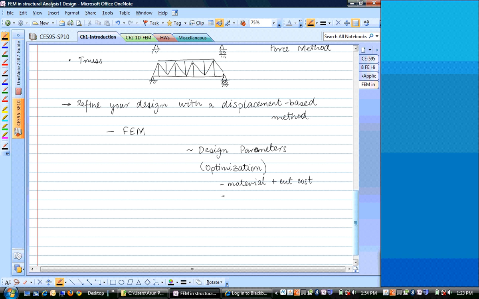In those cases also, our structure, maybe it would sustain some level of damage, but it would still function to a certain level. So that sort of gets into performance-based design.